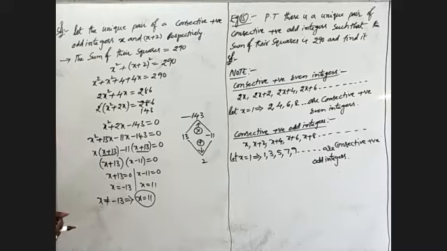We have to find the unique pair of two consecutive odd positive integers.